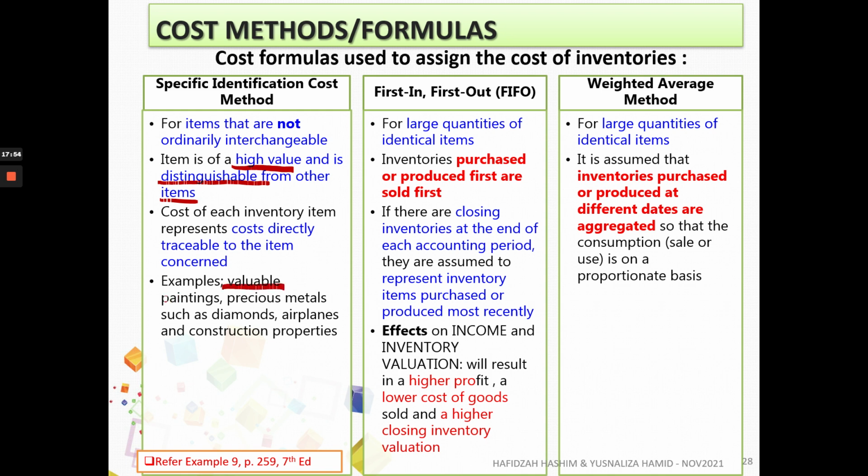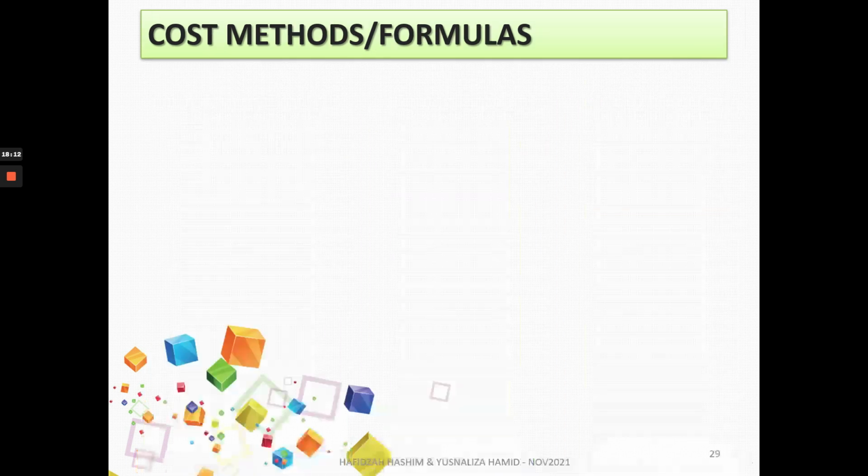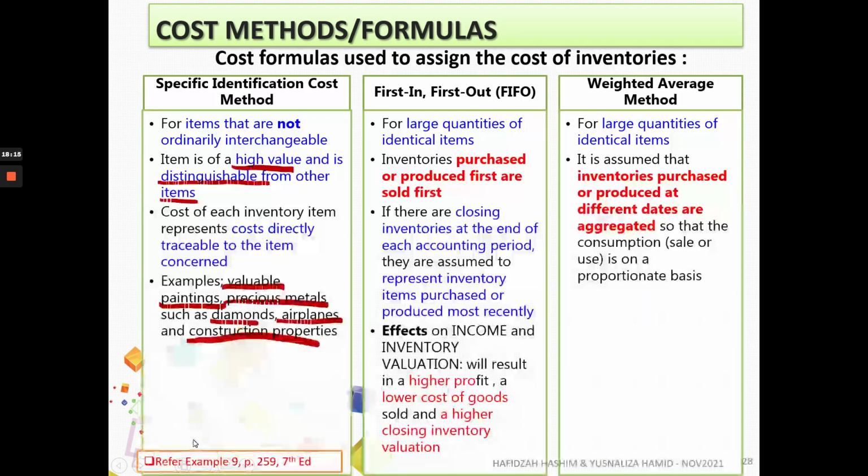Some valuable paintings, precious metal, diamonds, airplanes, which are normally done through special order, like diamonds that are sometimes tailor-made for a particular buyer. Therefore, the cost of each of these inventory items represents cost directly traceable to the item concerned. So basically, we need to look at how much the cost of inventory is specifically related to that particular inventory item that is normally of high value.